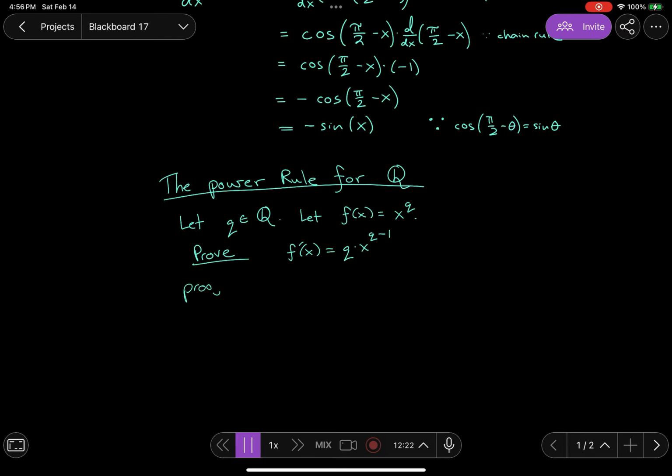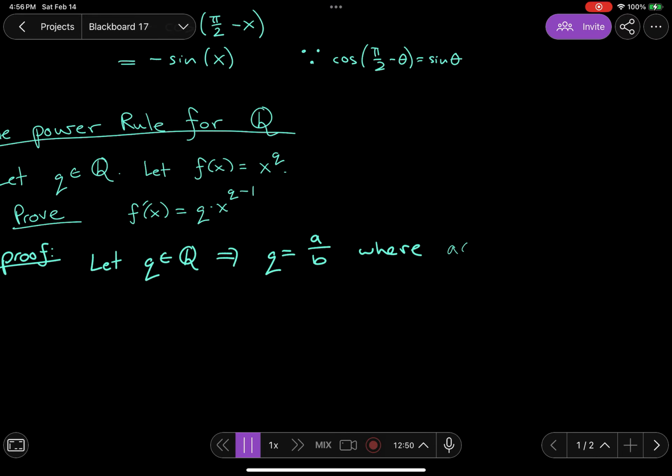Like I hinted at, we should use the power rule for the integers, the power rule for the naturals, and the chain rule. What I'm going to begin with is let Q be a rational number. By definition of the rationals, Q is equal to a divided by b, where my numerator is an integer and my denominator is a natural number.